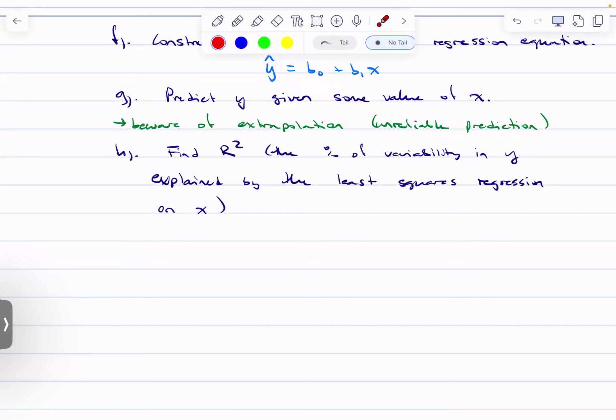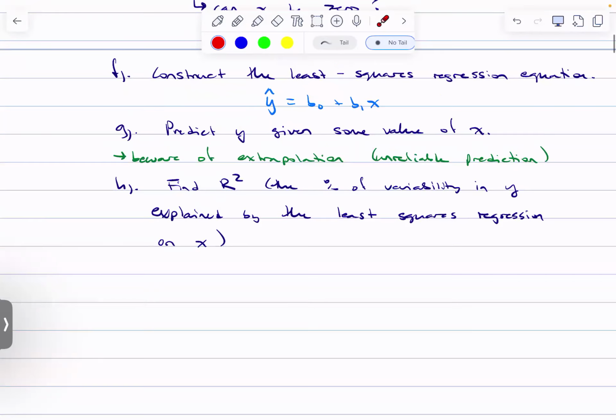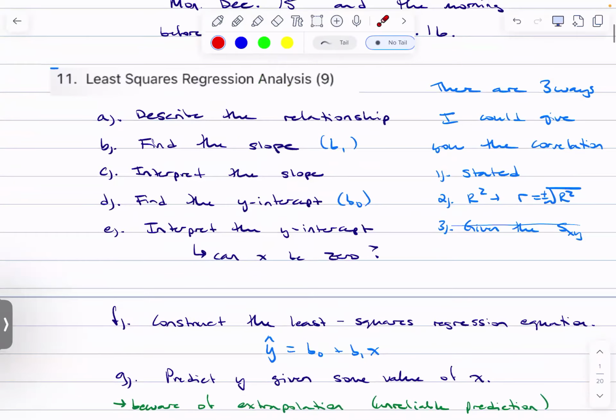All right. Oh, that's what I was going to say. So in the alternative scenario, I would have said, 67% of the variability up here somewhere before you have to find the slope, right, is explained by the variability in y is explained by the least squares regression line on x.